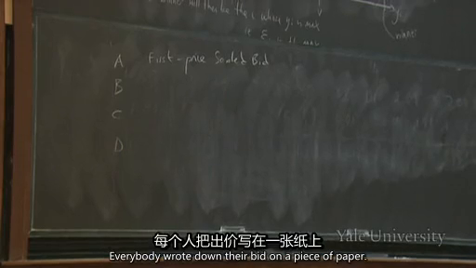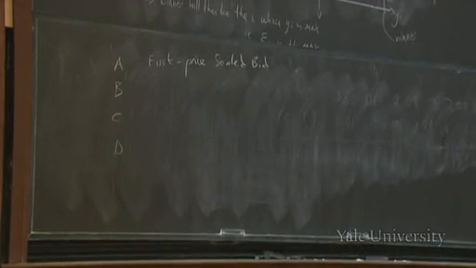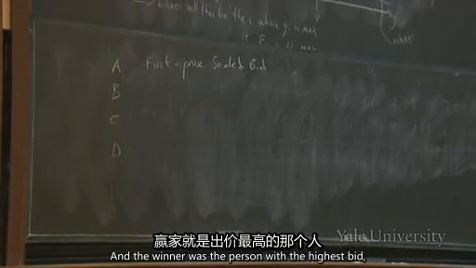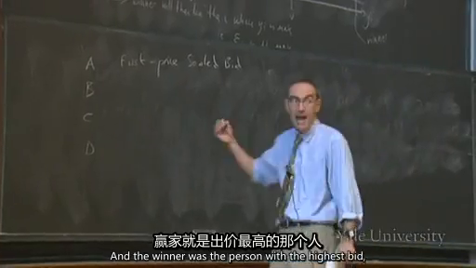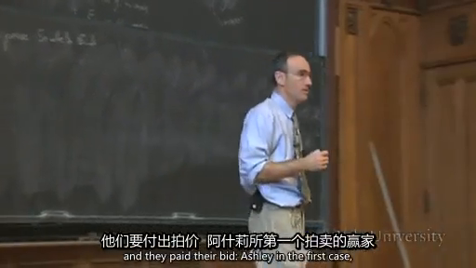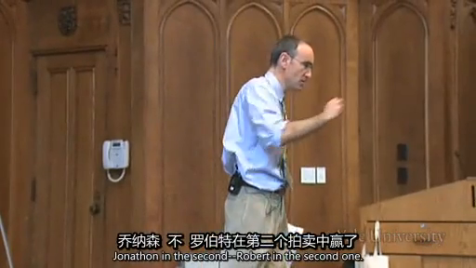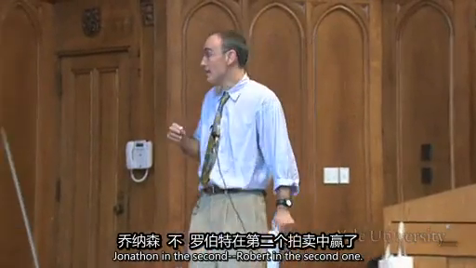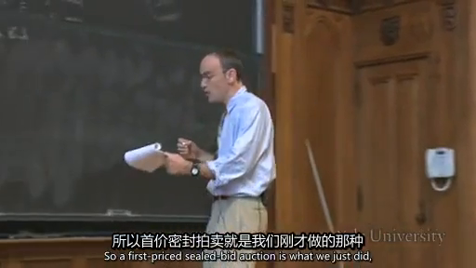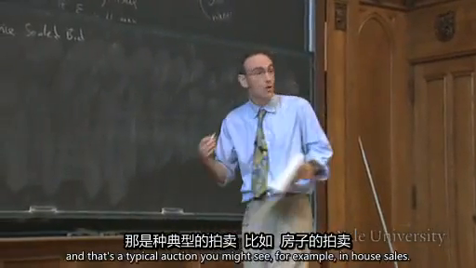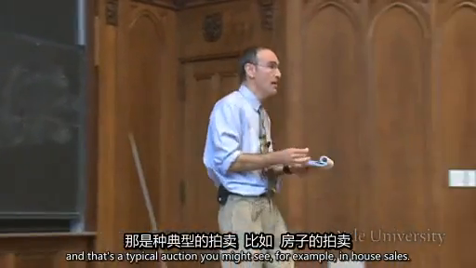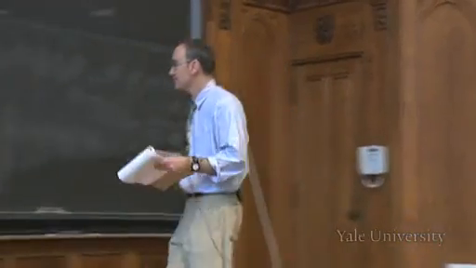Everybody wrote down their bid on a piece of paper. And the winner was the person with the highest bid, and they paid their bid. Ashley in the first case, Jonathan in the second, Robert in the second one. So a first price sealed bid auction is what we just did, and that's a typical auction you might see, for example, in house sales.